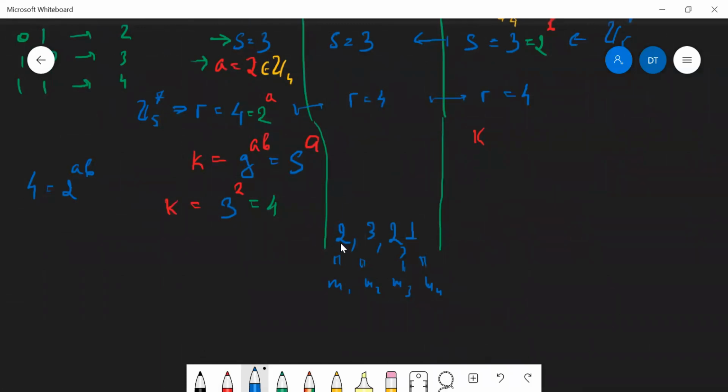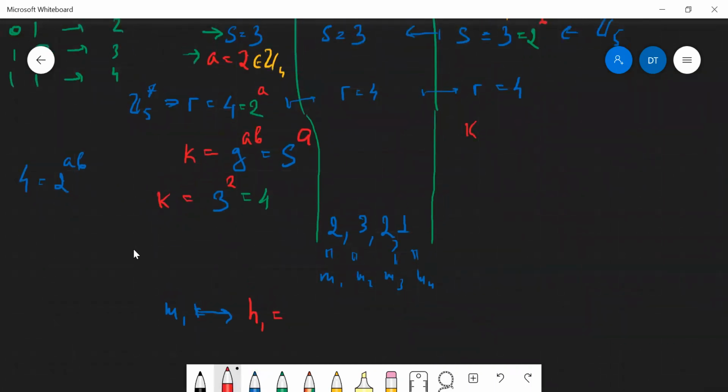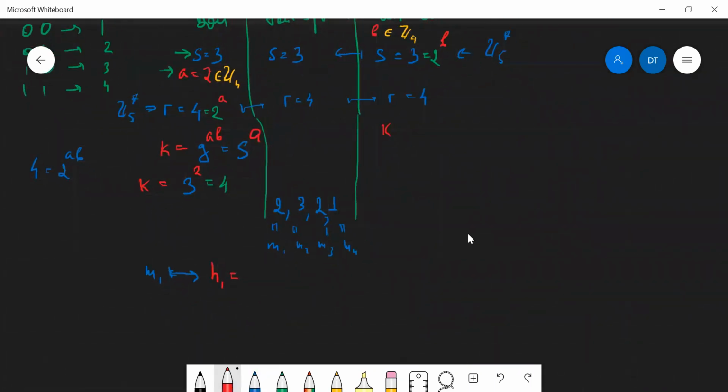Could you decrypt M1 and get H1? Do you remember how to decrypt? Could you write me the formula? H is M1 multiplied by K, and then we need to know the inverse to decrypt. Yeah, Oleg is right.